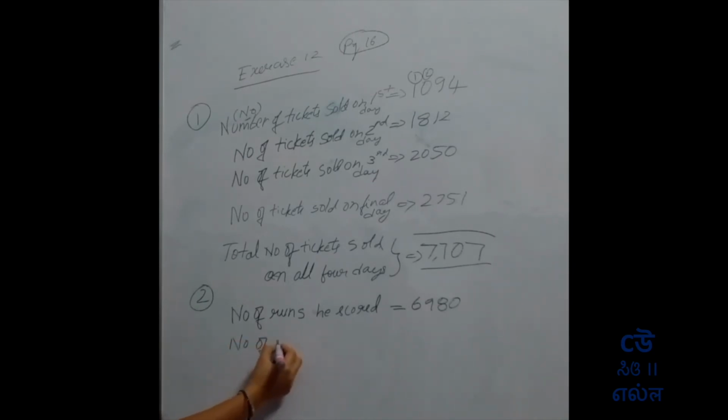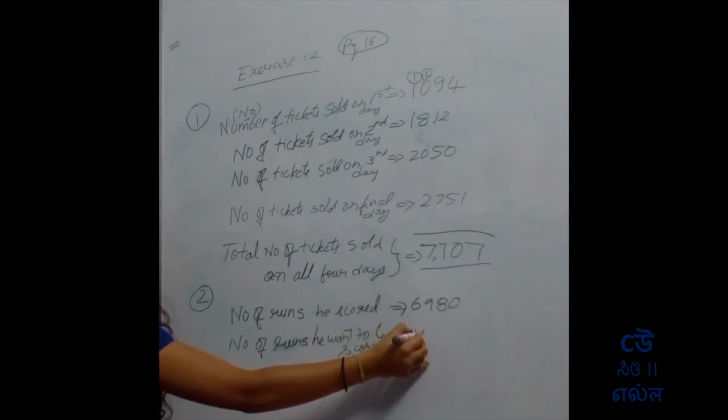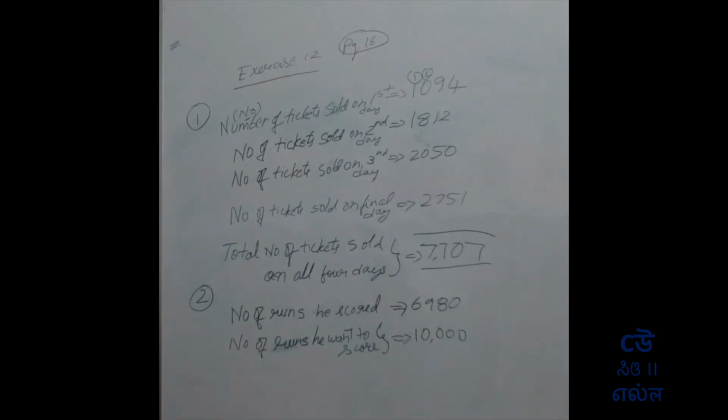So number of runs you want to complete. Number of runs you want to score. How many runs do you want to score still? You want to score 10,000 runs.